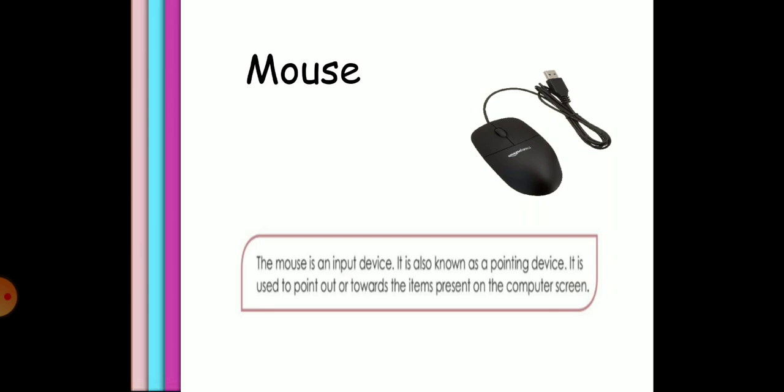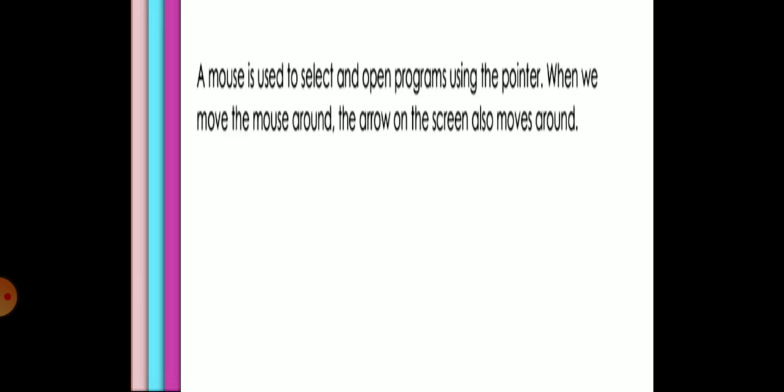Now the mouse is an input device. It is also known as pointing device, and it is used to point out towards the items present on the computer screen. When we move a mouse, then we can see a pointer.